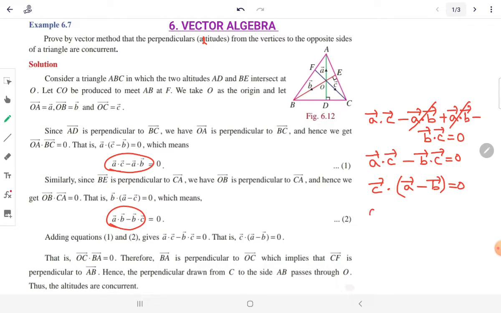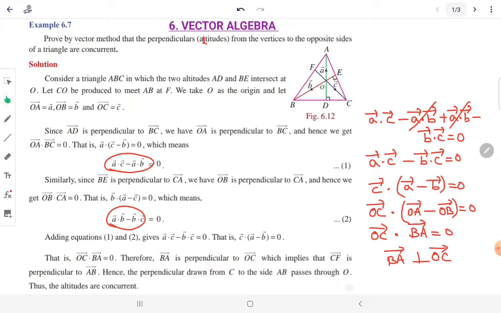So C is OC vector dot (OA minus OB), which is BA vector, is equal to 0. If the dot product of these two is equal to 0, it means they are perpendicular. So clearly BA is perpendicular to OC.